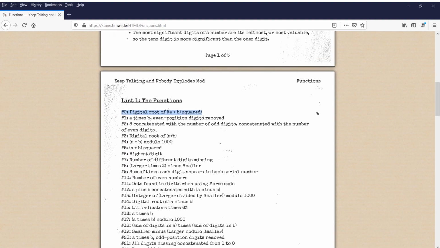So we have digital root of a plus b squared. A squared is going to be 25, and that along with 8478 squared, that is 7187648.